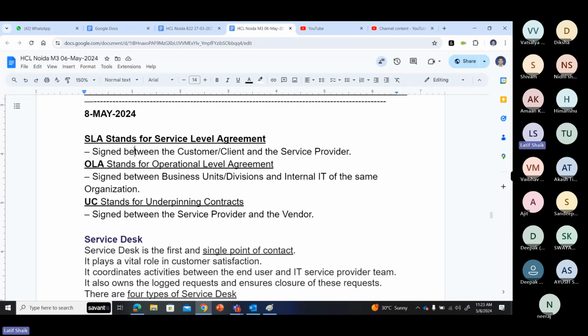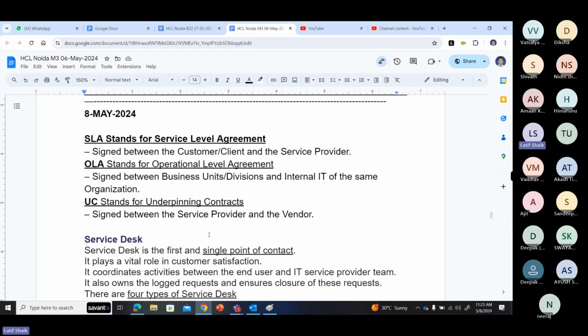So I take the project and give it to my service desk team, my IT team. I told the IT team this is the project, this is the requirement by the client, and this is the maintenance we have to do. So that is the agreement between the business unit or delivery management and the IT employees in the same organization.